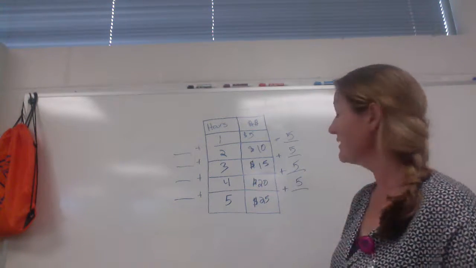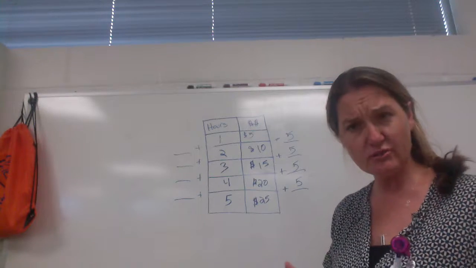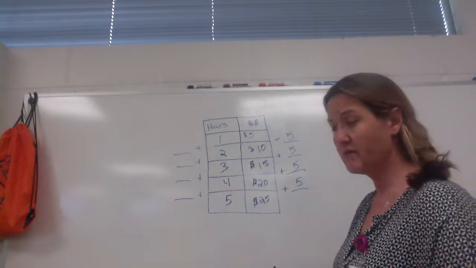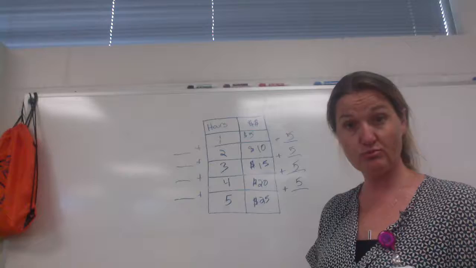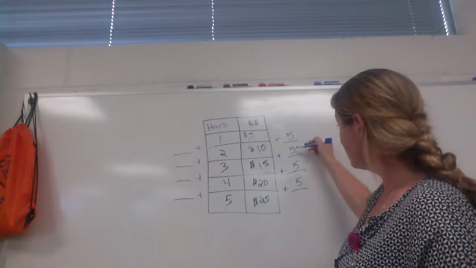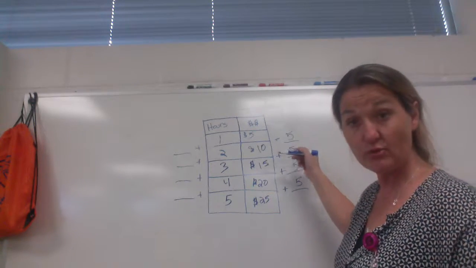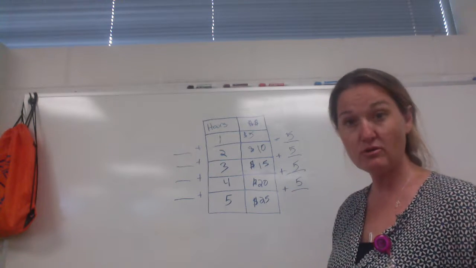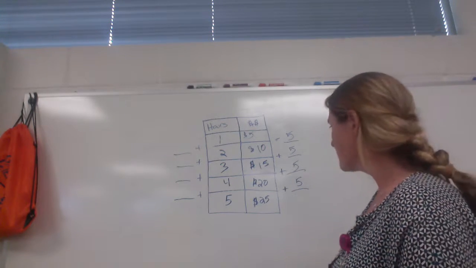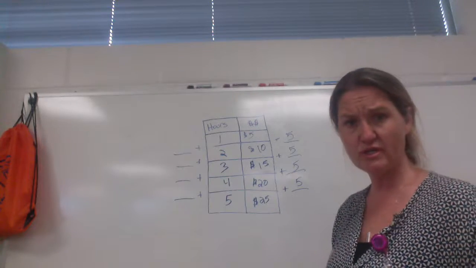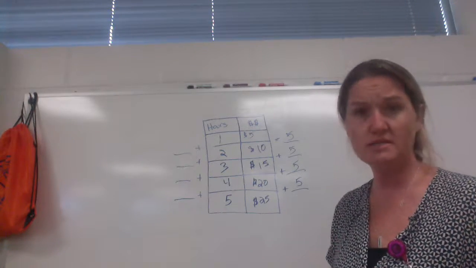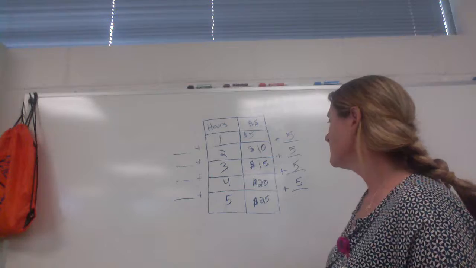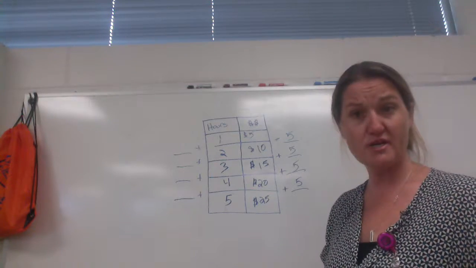This leads us into another vocabulary word that we're going to be hearing, which is a constant rate. If you look, this consistently went up the same amount each time. That is a constant rate. Say there was some weird situation where his boss was really nice to him one week and he earned $6 an hour that week.